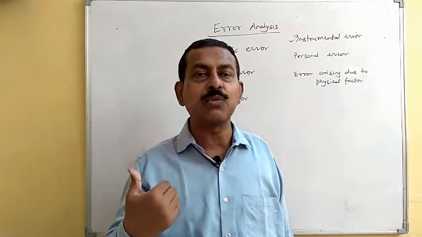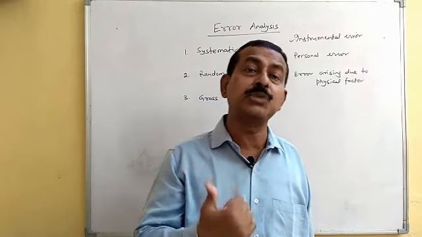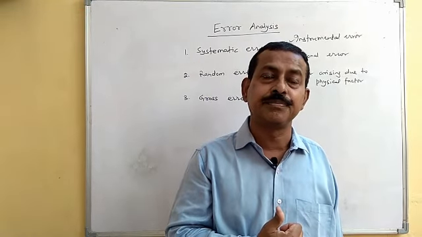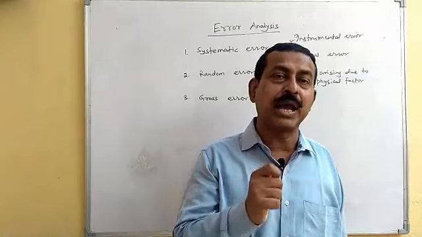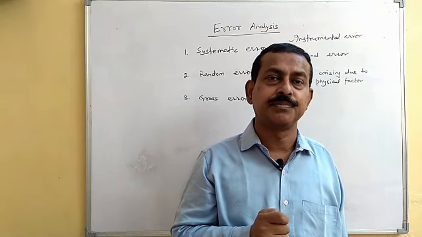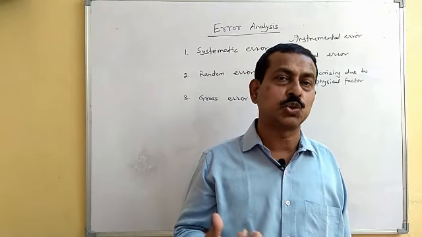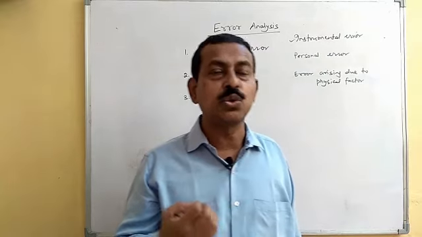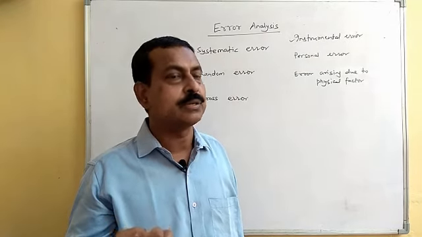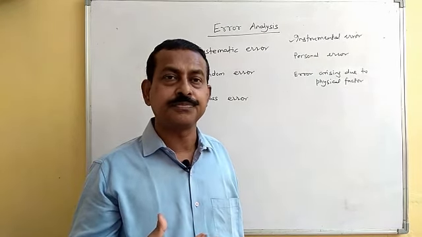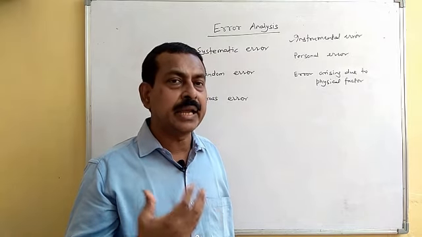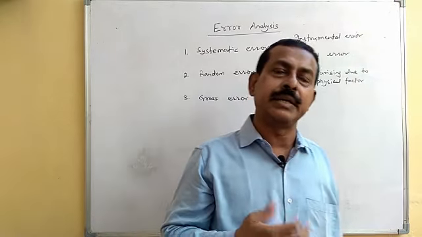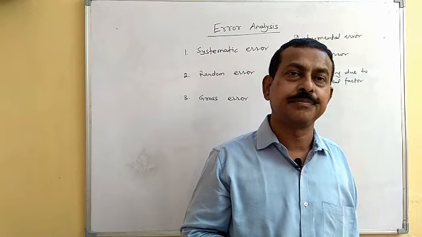When you are moving it backward, it is not coming back to the same point from where it has started. So that one will have error there. That is the backlash error in the screw gauge, and that is also instrumental error for the instrument. So if you are taking any measurement with the help of that, definitely there will be some error.